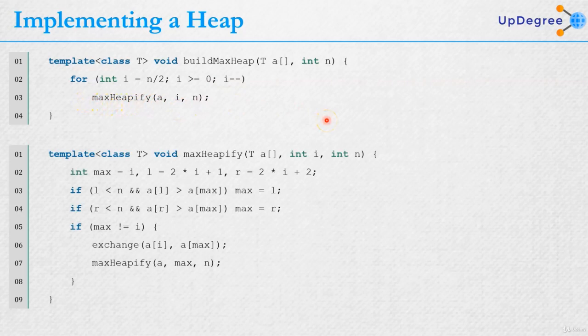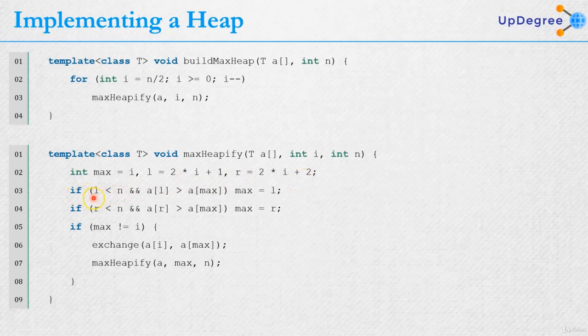So let's look at the max heapify function. The max heapify function takes an array A, an index I, which is the root of the subtree, and n is the number of elements in the array. Max is a variable that we are going to initialize in this function, and we set it to I. L is basically the left child of I, which is at index 2i plus 1, and R is the right child of I, which is at index 2i plus 2.